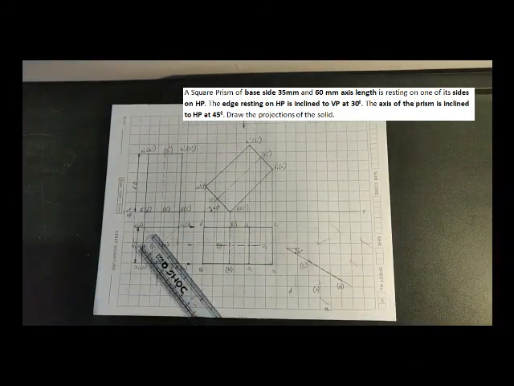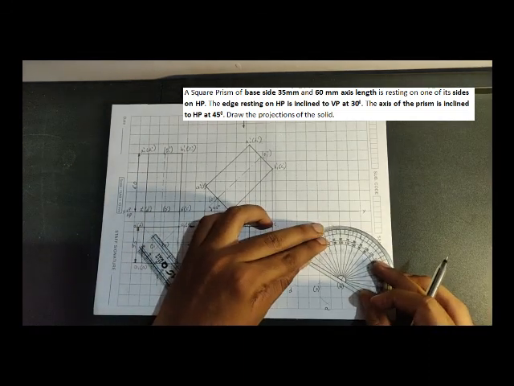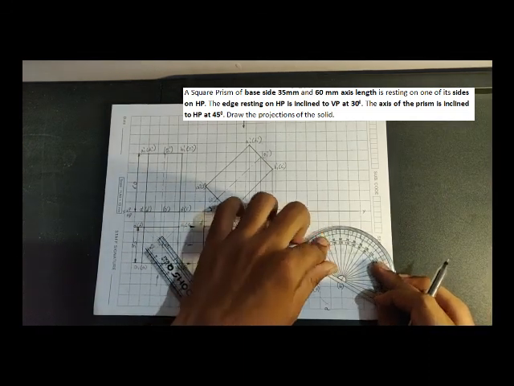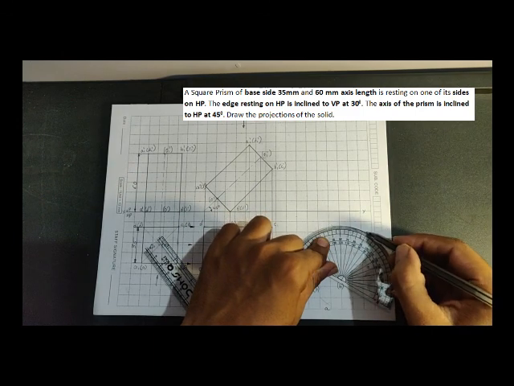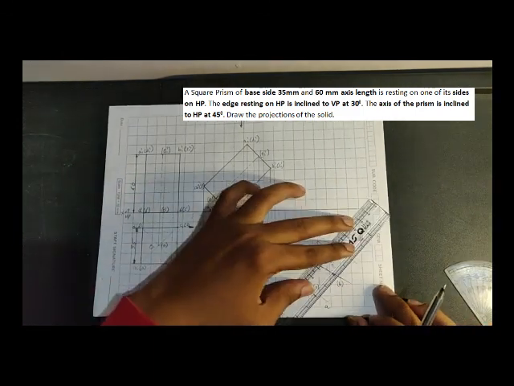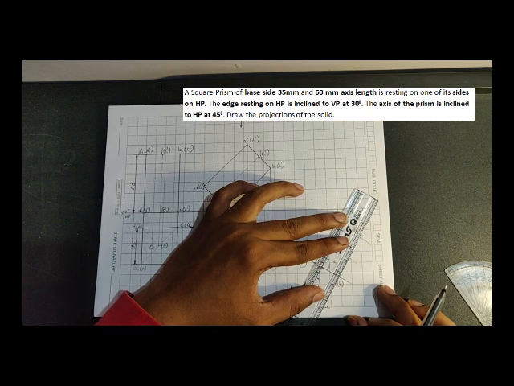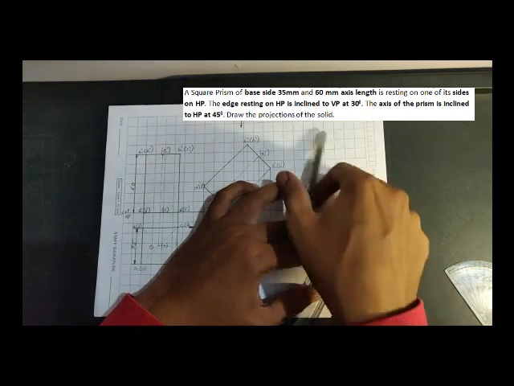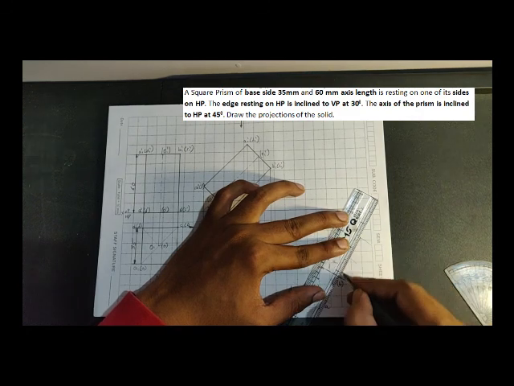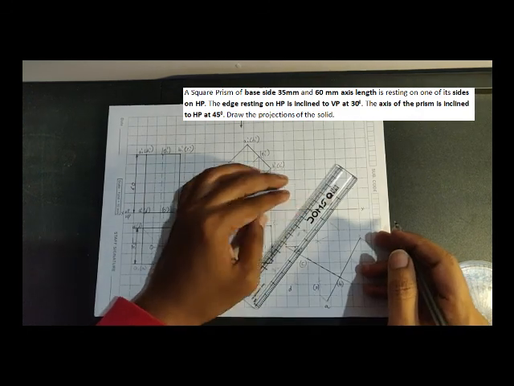So what I'll do is, I can place a 90-degree line here in this particular direction. I can draw a straight line here. I'm going to join this, correct?